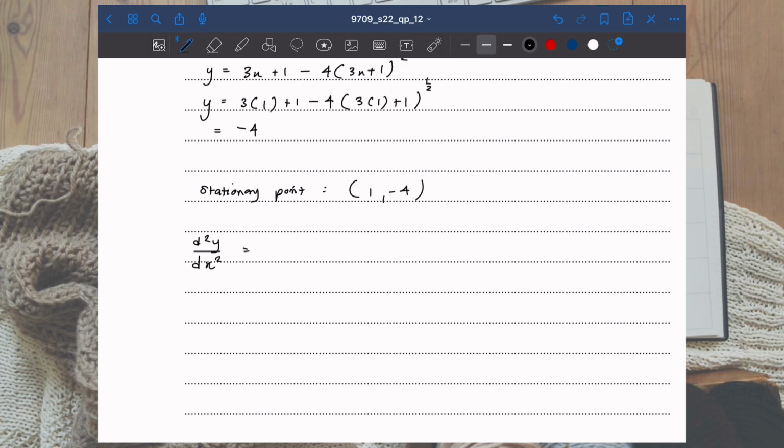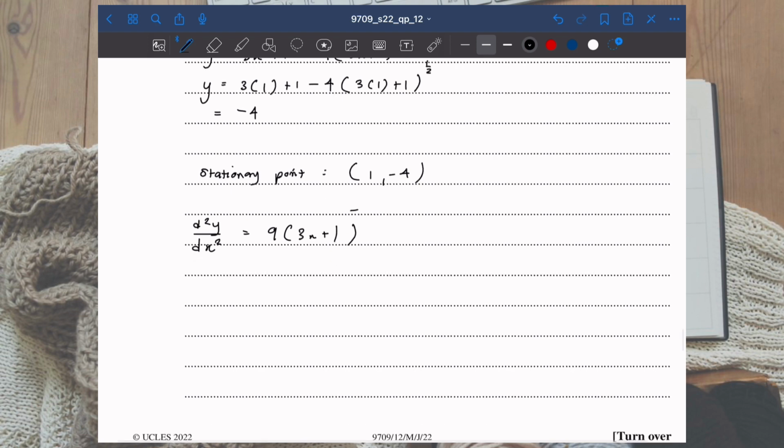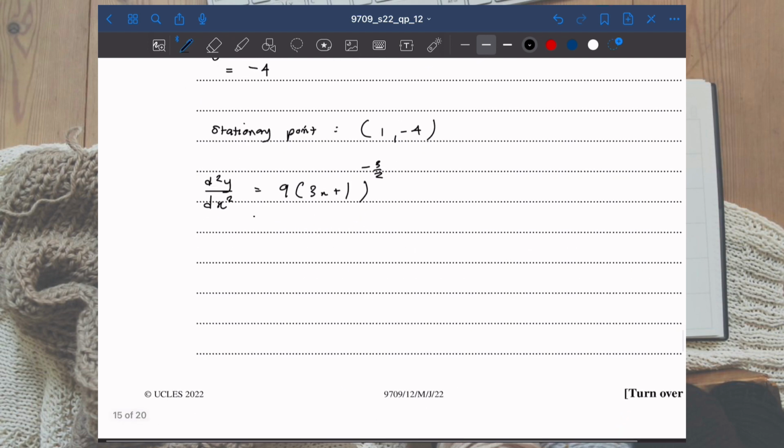Earlier our d²y/dx² was 9(3x+1)^(-3/2). So 9(3 times 1 plus 1)^(-3/2), we get 9 over 8.